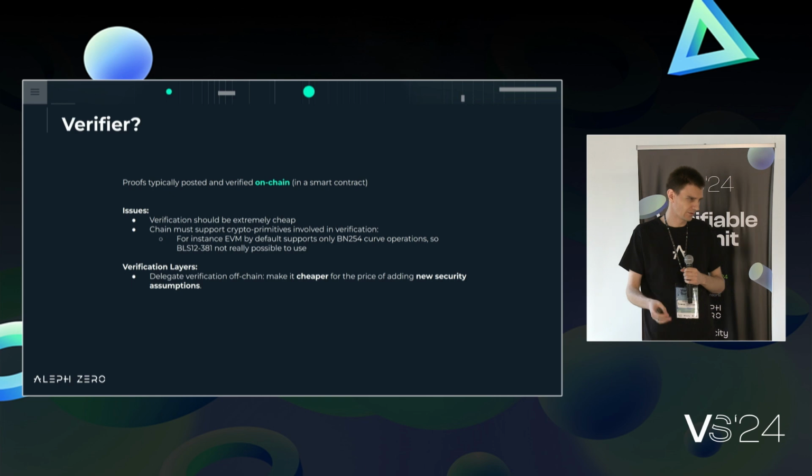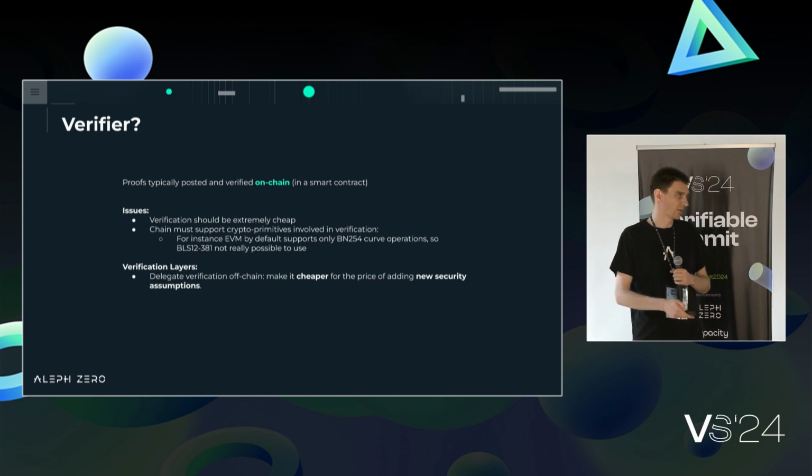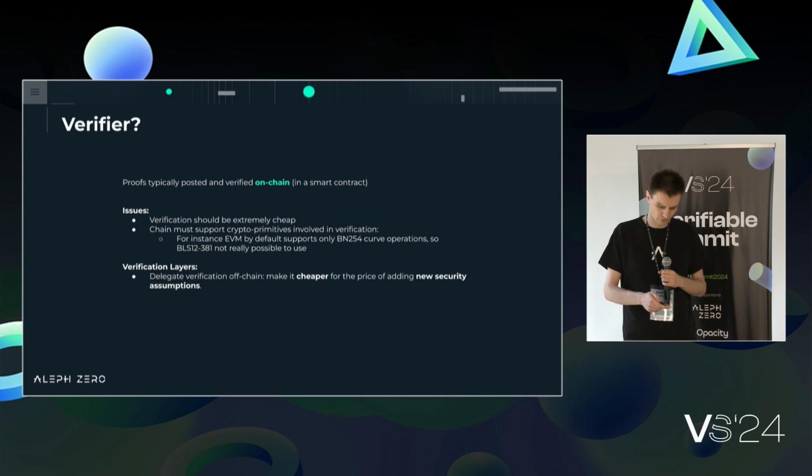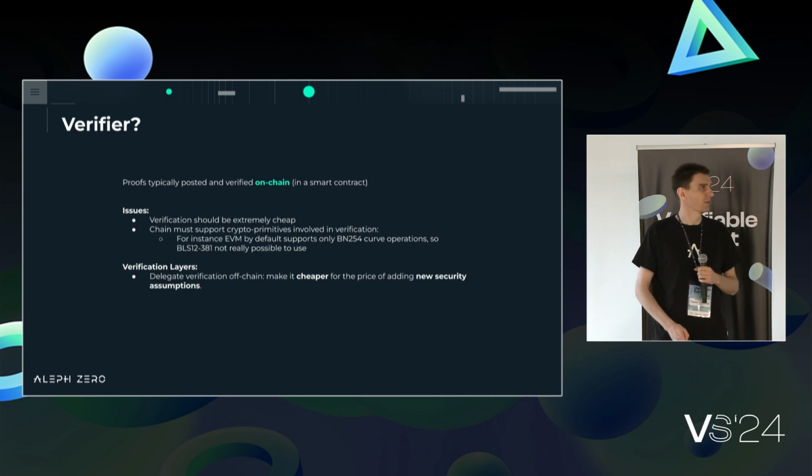There are many different mechanisms to do that, but this is essentially how these verification layers work. Of course, this is not for free in the sense that the verification layers allow you to kind of verify the proofs cheaper, meaning less gas consumed in a smart contract. But there are additional security assumptions that these attesters actually do everything correctly, they don't collude and stuff like that. So this is about the verifier.